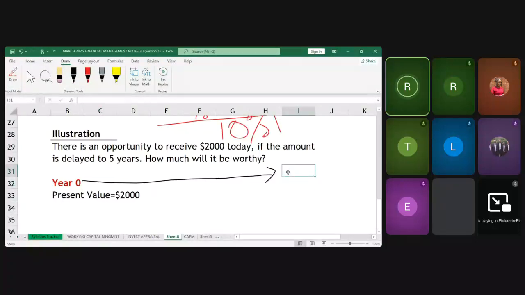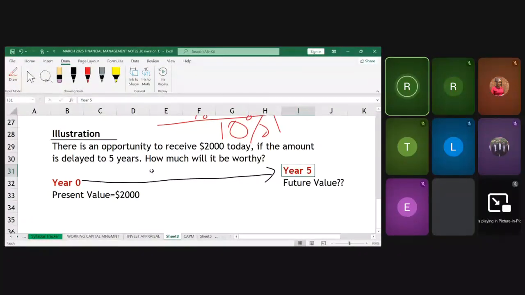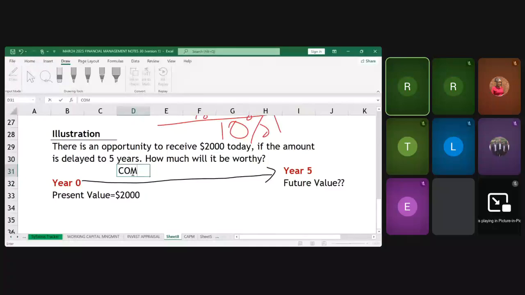Year 5 is called future. I want to see what value I am going to get in the future. I do not have my future value, so I have to calculate it. Moving from today into the future, we have a value today, and we want to see how much it is worth after 5 years. That process is called compounding.